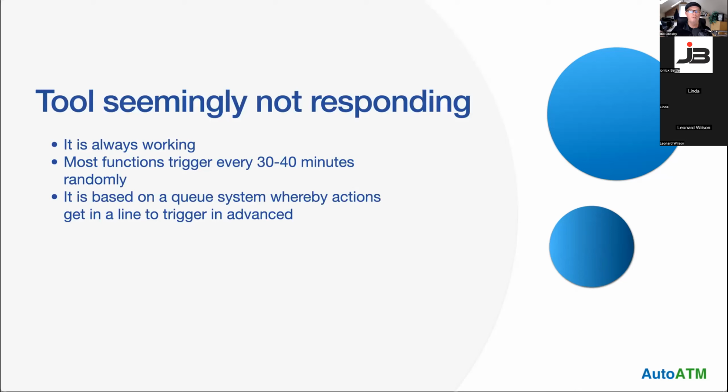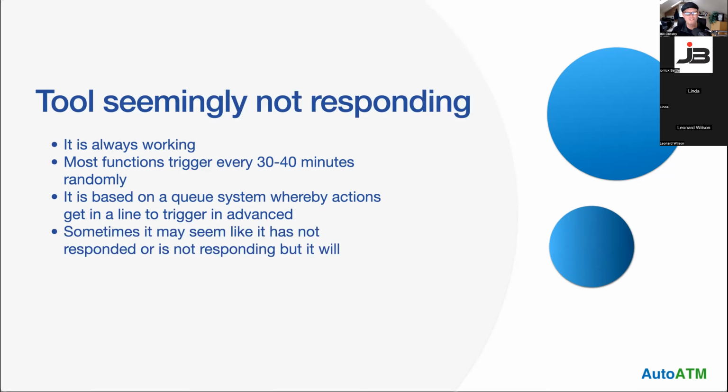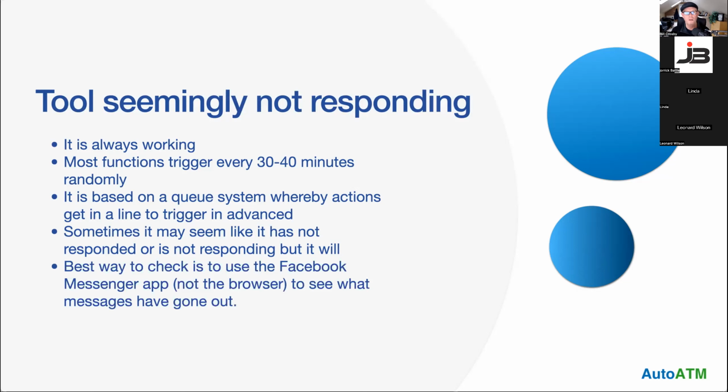So a few people have asked our support, hey, what's going on? It doesn't seem to be following up. That's the reason. It's actually in a queue waiting to be followed up with as soon as the next queue comes up. So it does happen. Trust us. Sometimes it may seem like it's not responding, but it absolutely will.